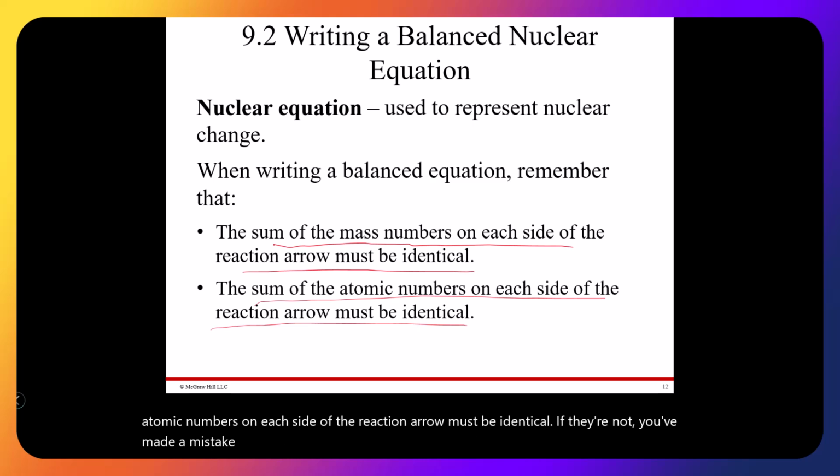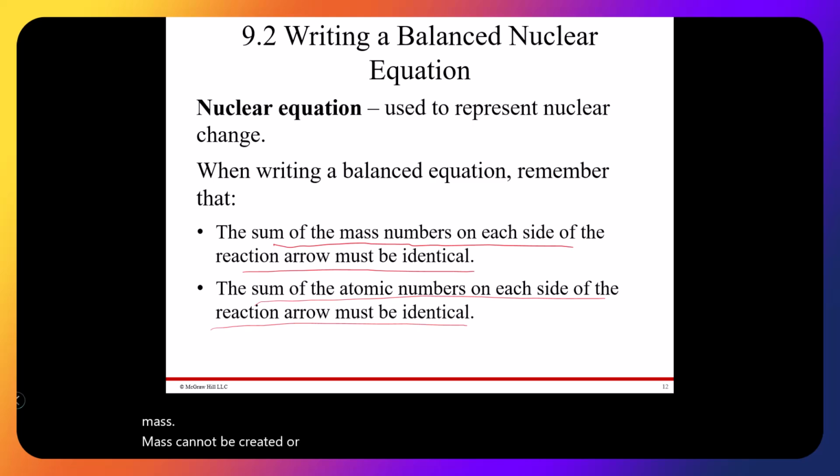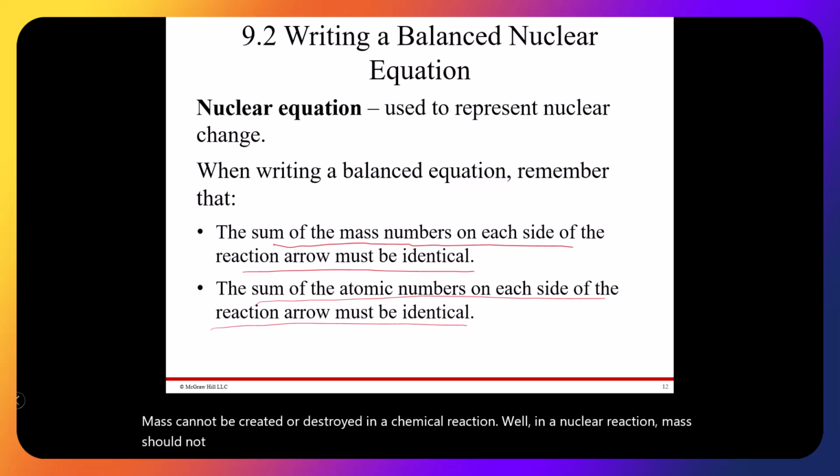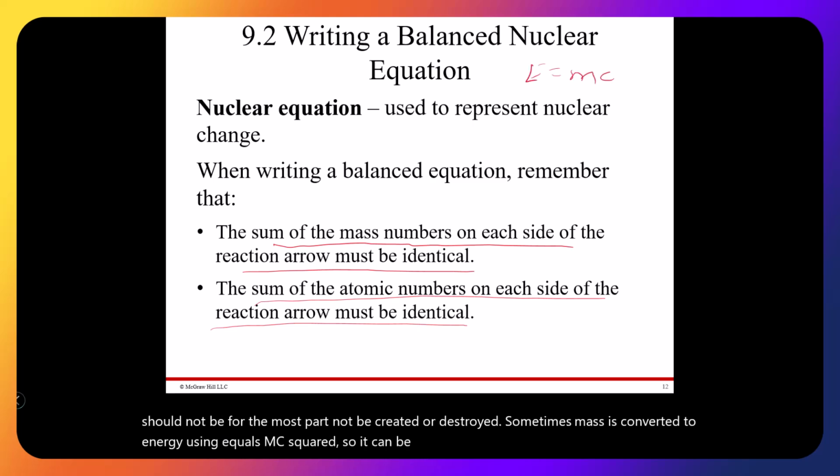So mass has to be conserved. We know the law of conservation of mass: mass cannot be created or destroyed in a chemical reaction. Well, in a nuclear reaction, for the most part, mass should not be created or destroyed. Sometimes mass is converted to energy using E equals mc squared, but for what we're doing, they should be identical on both sides of the reaction arrow.